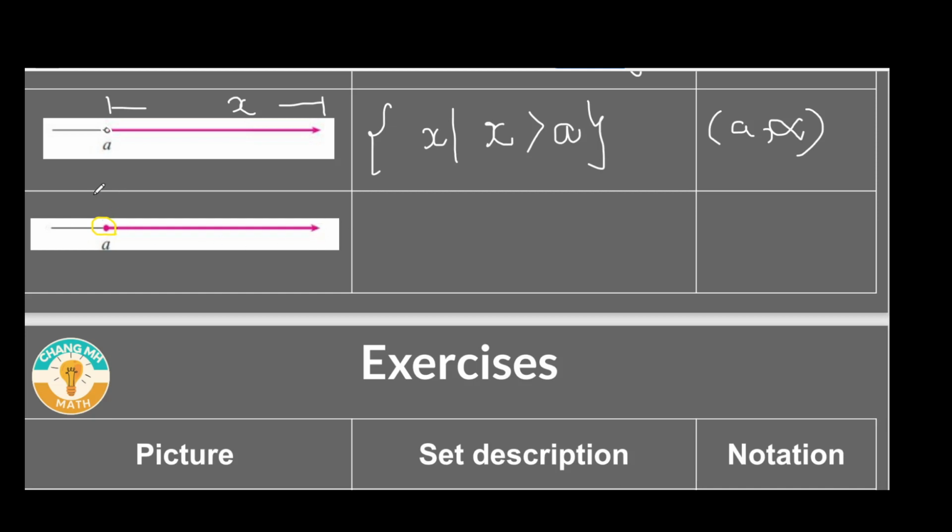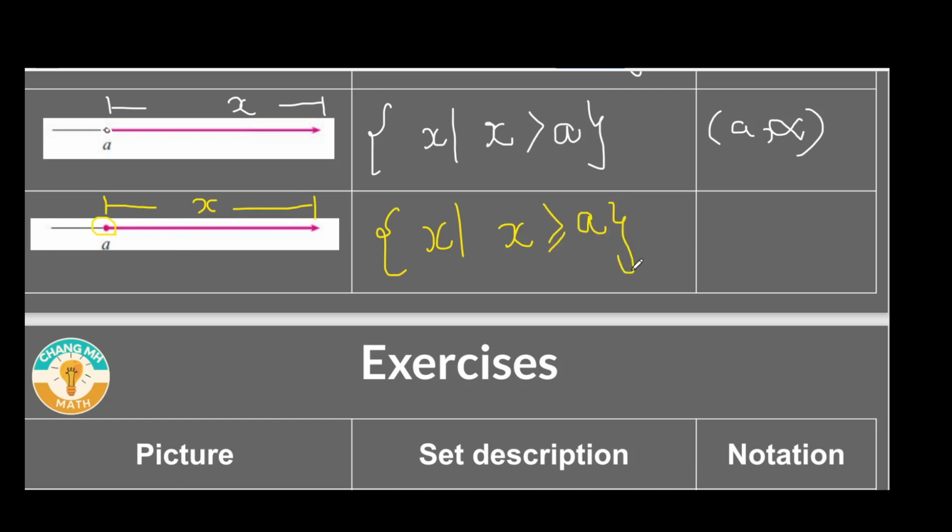So the value of x includes all the numbers including a and greater than a. So the set of x such that x is greater than or equal to a, and also it's shaded here, so we need to put equal sign.